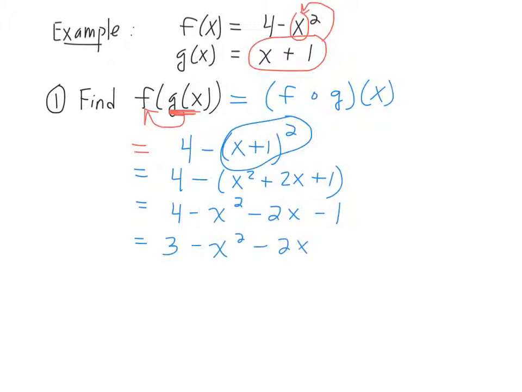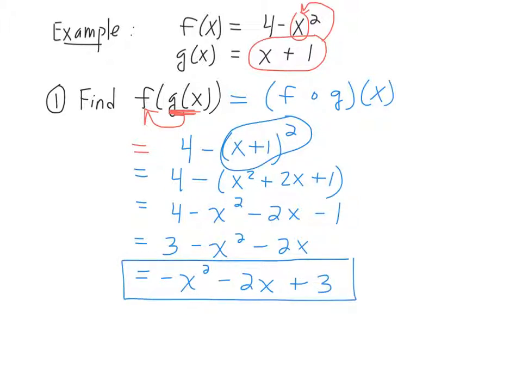And if we were to express this in standard form, where we start with our highest power and go down from there, this is what it would look like in simplest form.